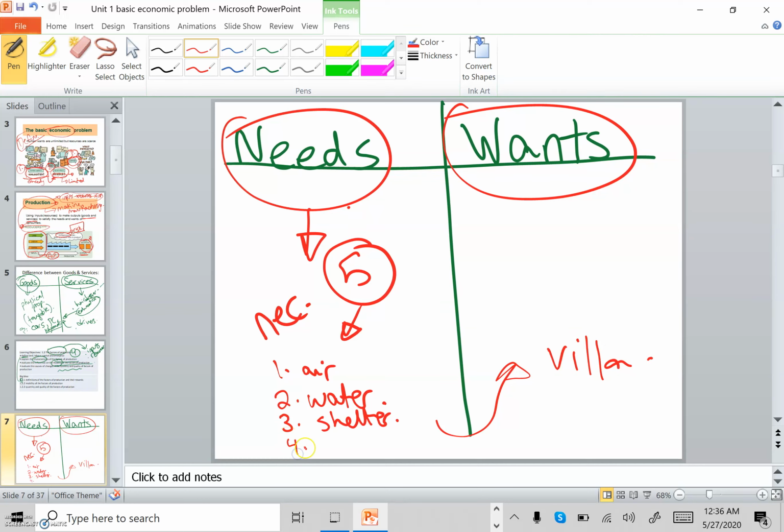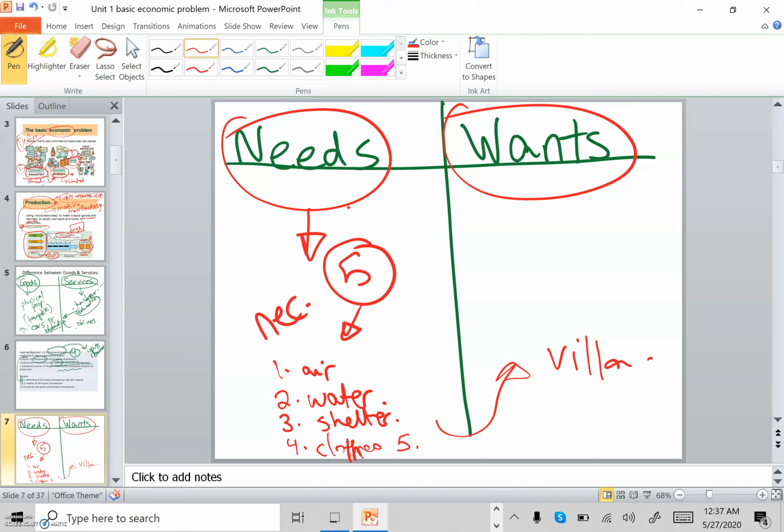And the 4th one, come on, think with me. 4th and 5th. What do you think the 4th one would be? Let's talk about clothes. Clothes also, I'm not talking about brands, okay? I'm talking about regular clothes, anything. It could be a shirt for 5 dirhams. Whether we are rich or poor, we need to wear clothes.